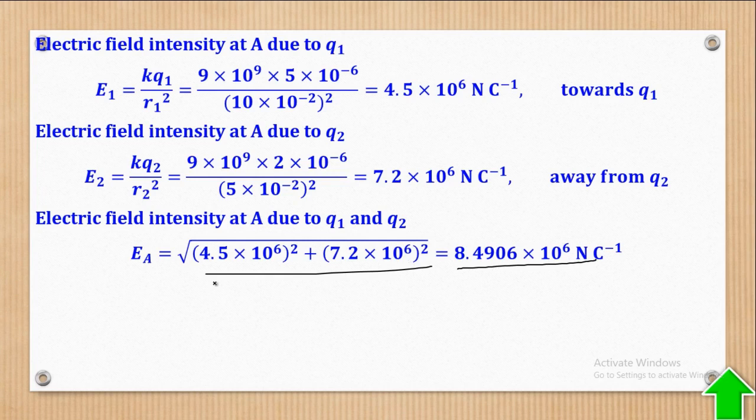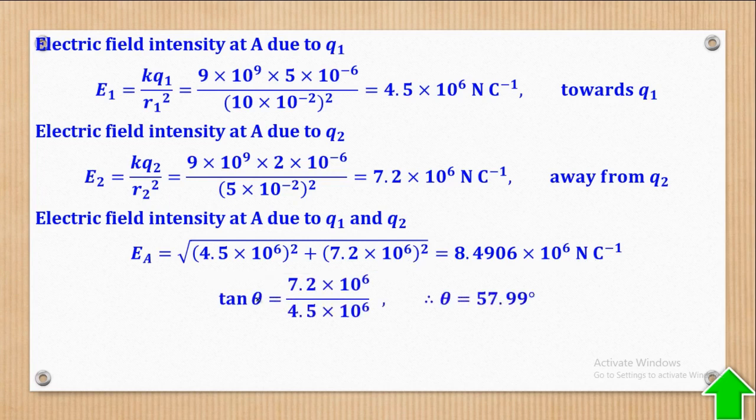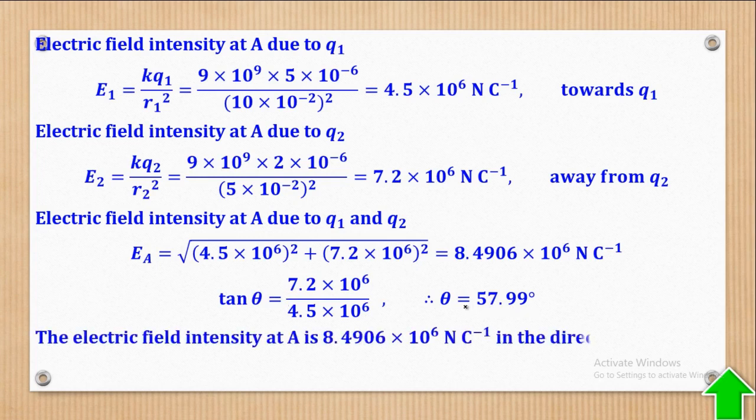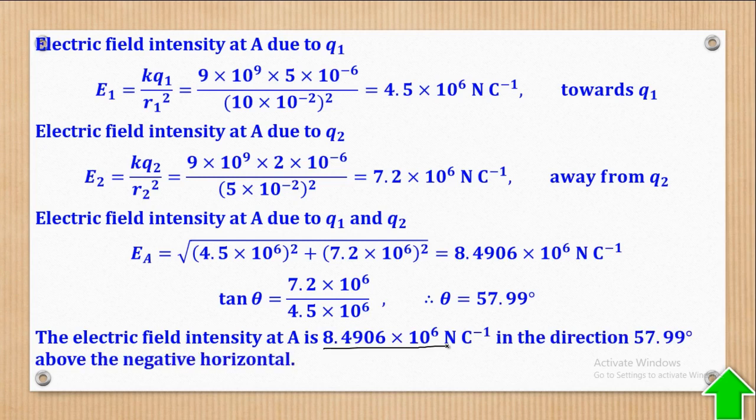But remember, because it's a vector quantity, we have to also get the direction. So you come and say that from SOHCAHTOA, tan theta will be equal to this over that, giving you theta as 57.99 degrees. So now we can conclude that the electric field intensity at A is this in the direction this above the negative horizontal.